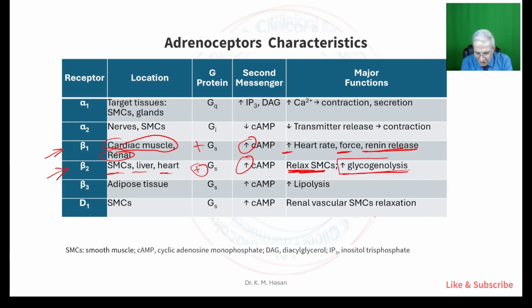Glycogenolysis means increased level of glucose in the blood. So when you activate beta 2, the result will be increased level of glucose due to the glycogenolysis. In the heart it is activated, in the liver glycogenolysis, and in smooth muscle relaxation. It's an important issue to focus on.